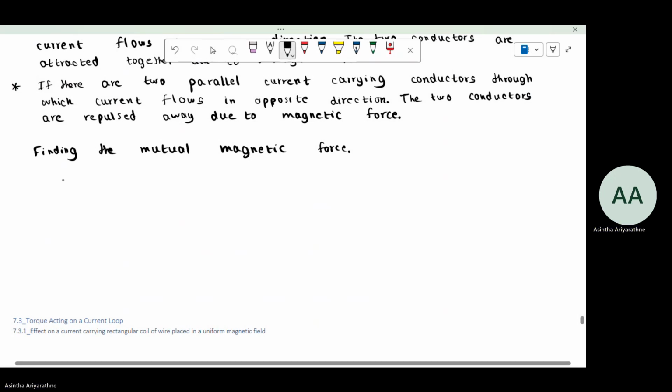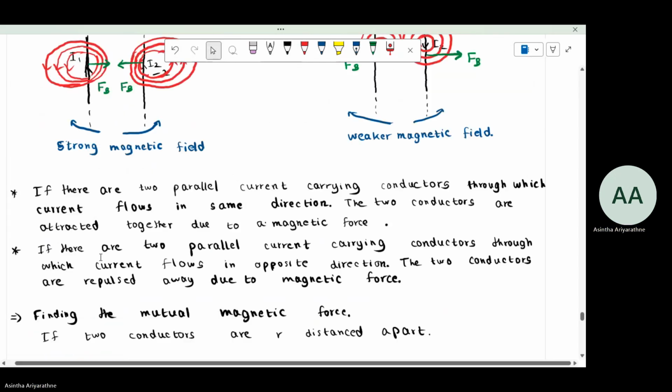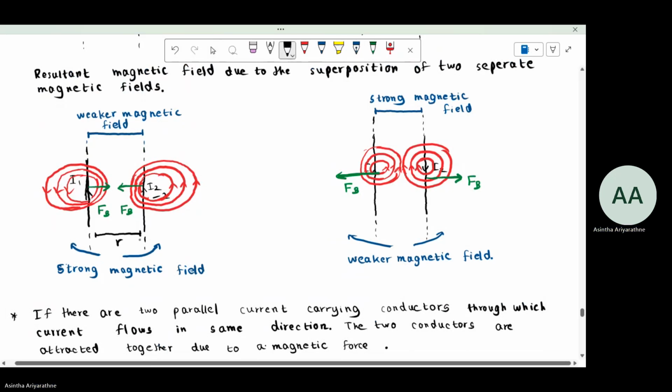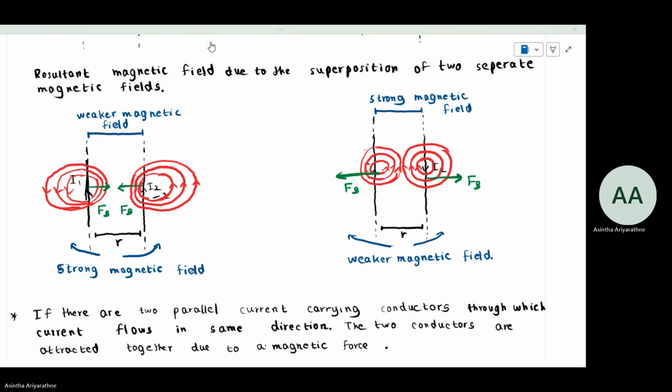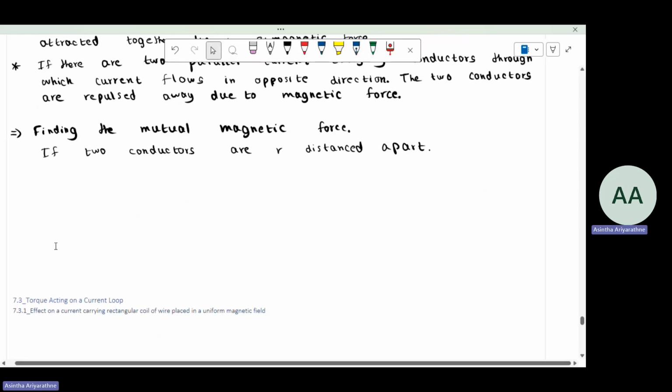So let's say the two conductors are r distance apart. They are r distance apart.